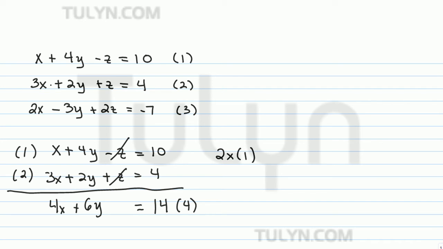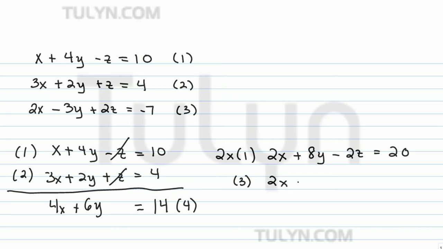So multiplying the top equation by 2, we get 2x plus 8y minus 2z is equal to 20. I just multiplied every single term by 2. And then I'm just going to write equation 3 as it is. We don't need to change it.